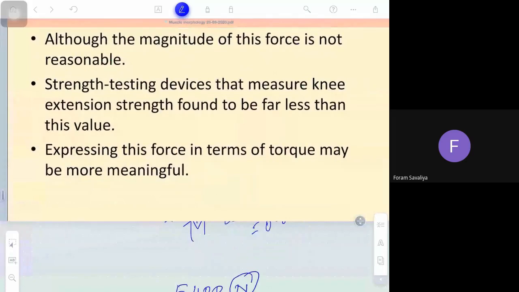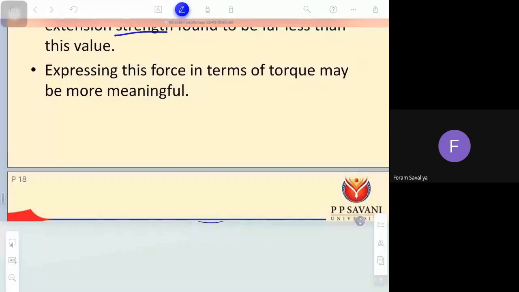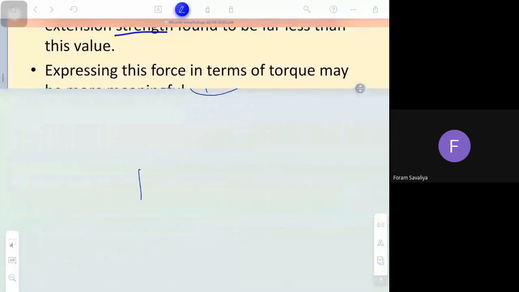there are certain devices. I will conclude in 5 minutes. There are certain testing devices which can measure the strength of the quadriceps muscle. And they found that the quadriceps is producing only 187 to 190 Newton per centimeter square force.